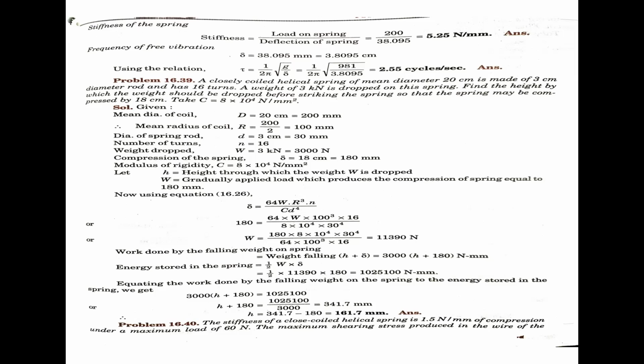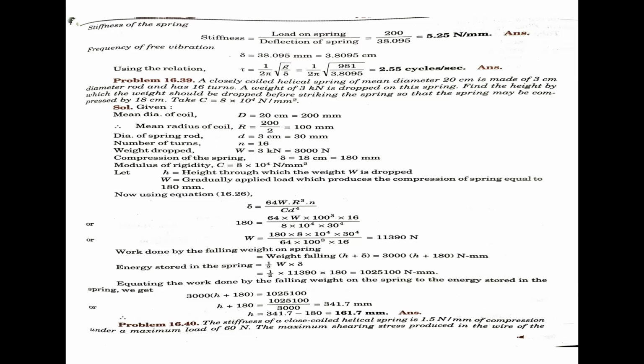Work done by the falling weight on the spring is weight falling into H plus deflection, that is 3000 into H plus 180 newton mm. Energy stored in the spring means half of load into deflection. Finally, using the W value, 11,390 into 180 divided by 2, we get the energy stored in the spring.